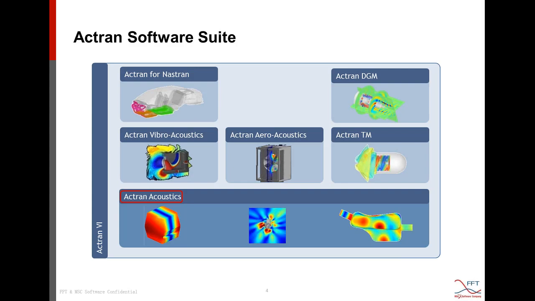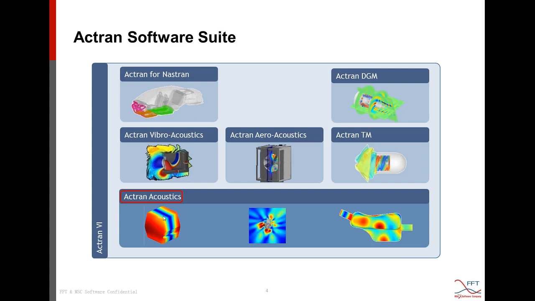It solves acoustic propagation, like this one in the middle, in free field, or acoustic propagation in duct systems, or acoustic resonance in cavity problems. We can also apply some acoustic treatment using equivalent impedance boundary conditions in this Actran acoustics module. And this module also features acoustic propagation in flow, so we could solve convected acoustics also in the basic module.